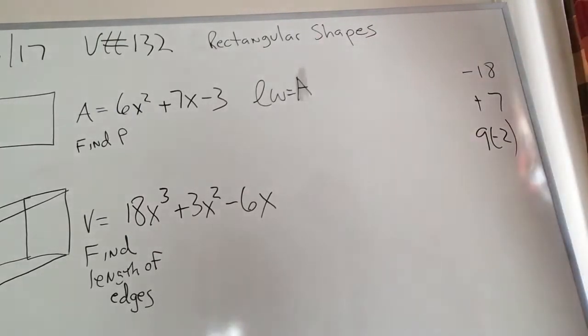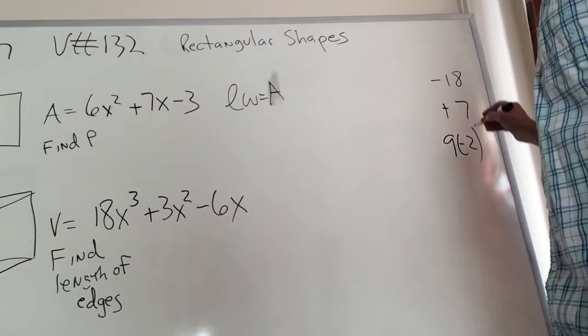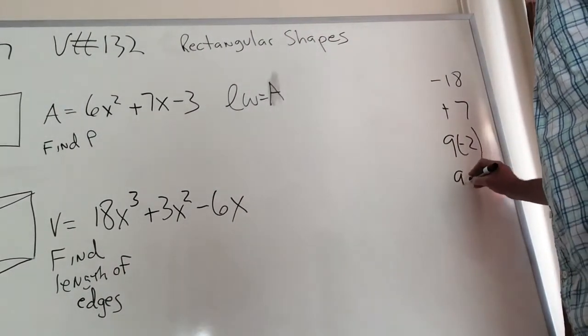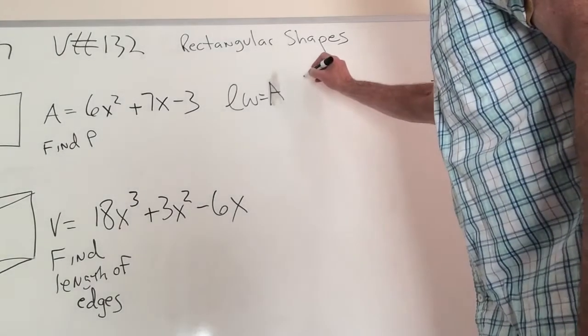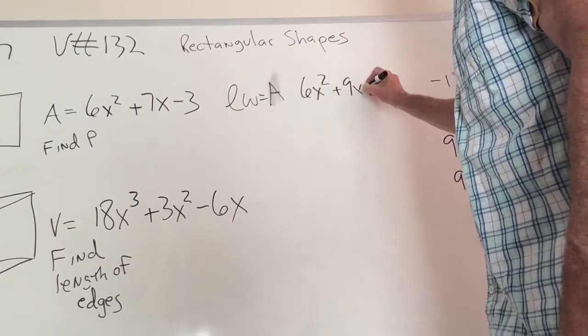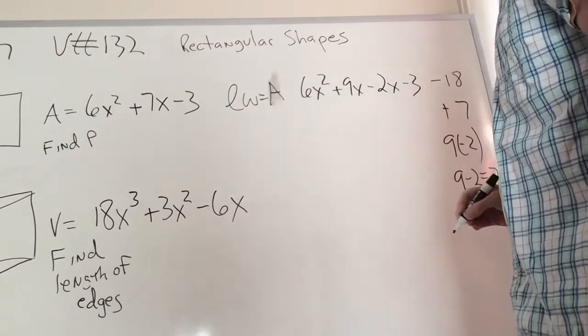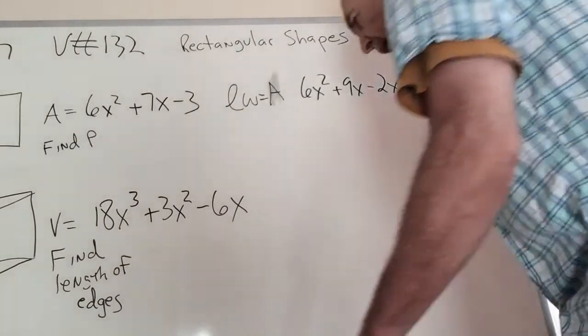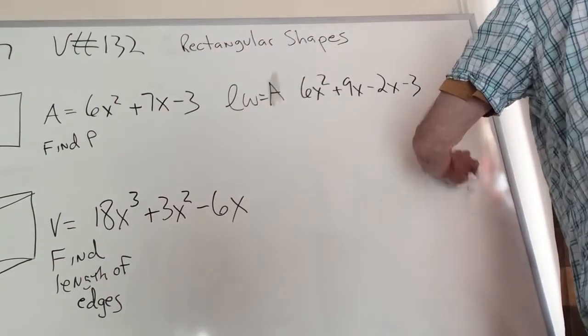If you can't do it, keep practicing until you get it. 9 times negative 2 is negative 18, and 9 minus 2 is 7. So there's the key, in any order: 6x squared plus 9x minus 2x minus 3. I'll erase this work so the clutter doesn't get in the way.